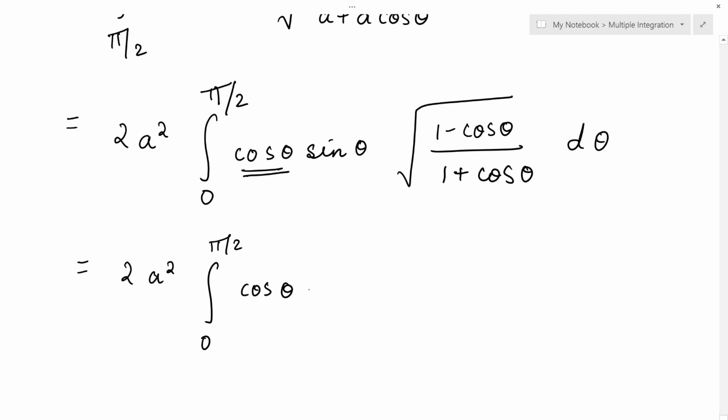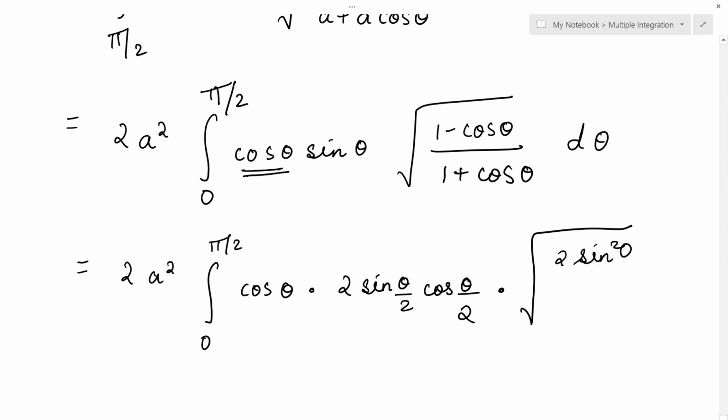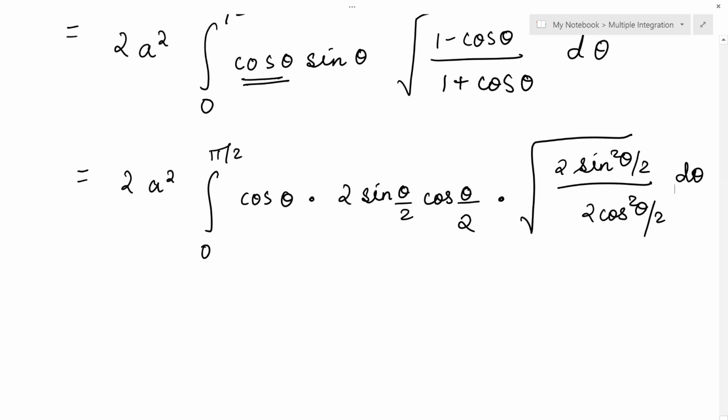Sin 2 theta formula I will use, that is 2 sin theta by 2 cos theta by 2. And under root, 1 minus cos theta, you know it is 2 sin square theta by 2, and this is 2 cos square theta by 2. So after I simplify this, I'll get 2a square 0 to pi by 2.